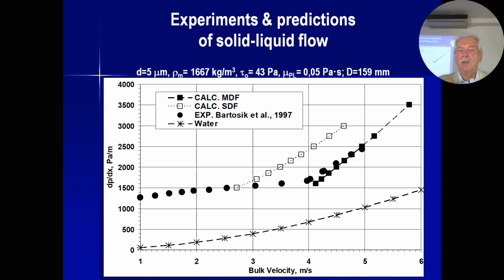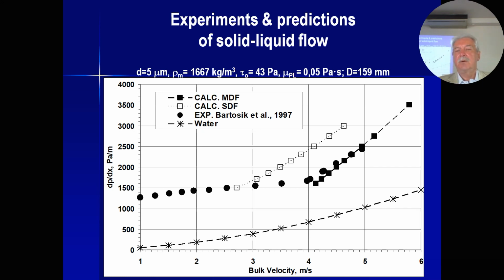But if we would like to use CFD modeling and predict such kind of flow, we see that empty squares show results of predictions. So predictions are much higher than they should be.